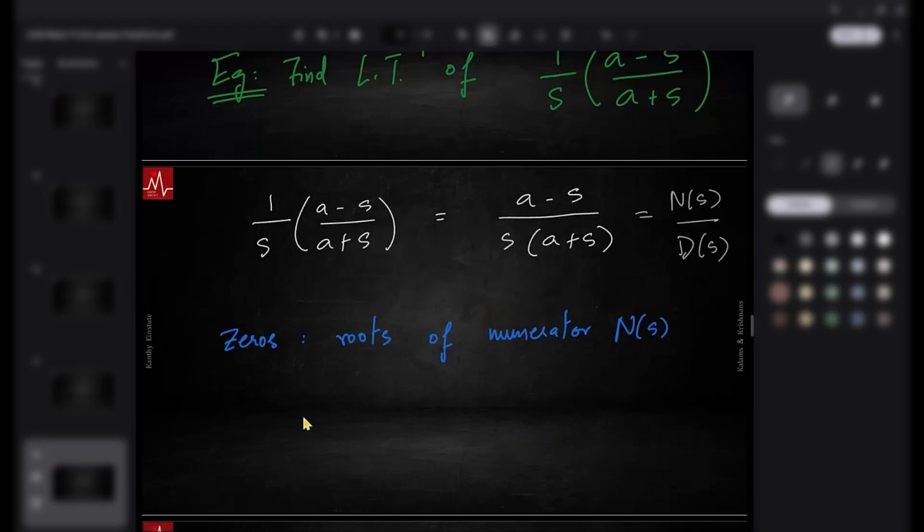Then we have poles or singularities, the roots of the denominator. This is for a transfer function, but for any function you can technically say this.